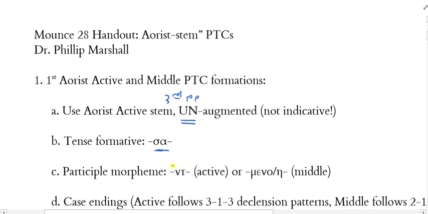And then, of course, we have participle morphemes that come after. Now, notice that I'm not adding a connecting vowel between the sigma alpha and the nu tau. Why is that? Yeah, the alpha is a vowel already, so I don't need a connecting vowel here. So I'm going to have nu tau if my participle is active, and meno mene if it's middle.